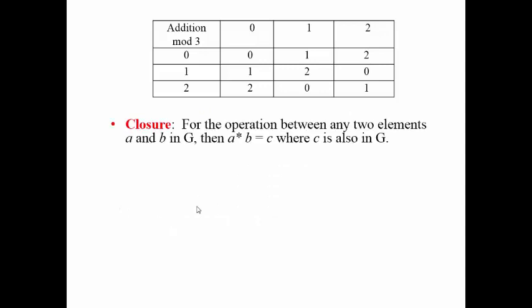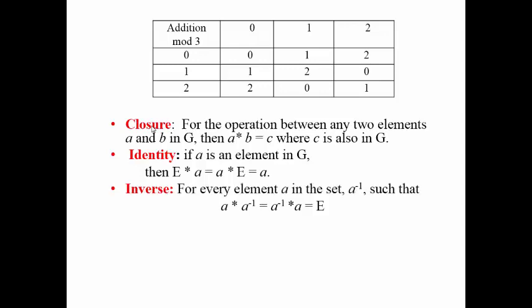And now let's just summarize. To have a group, we're going to have elements, and here are our elements. In this particular case, we're going to have an operation. We're going to have closure, which means no more new elements. We'll have an identity, which in this case is 0.